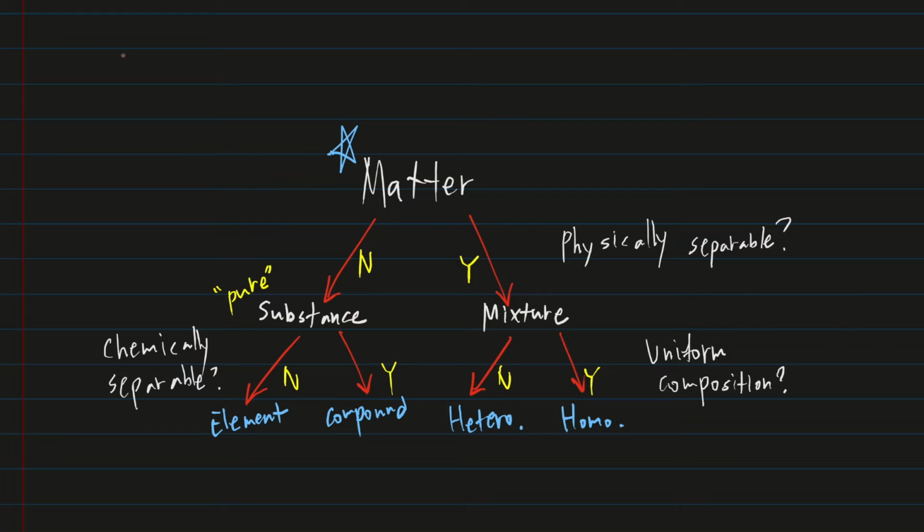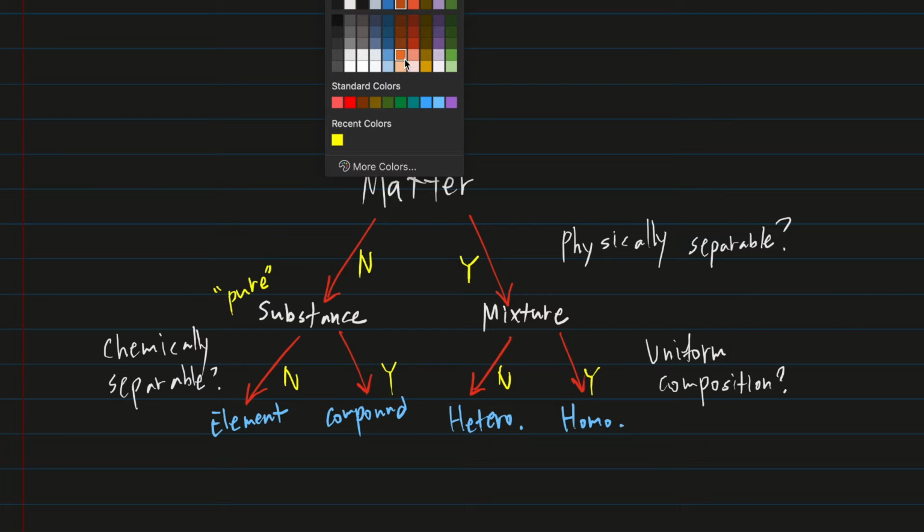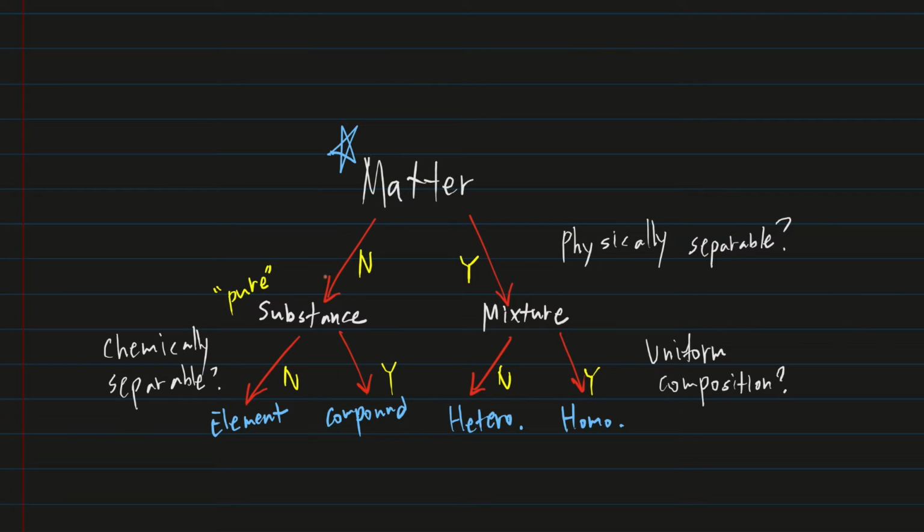When you have a closer look at what matter is, we can classify matter into two broad categories. When matter is physically separable, we call them mixtures. When they're not, we call them pure substances. And a mixture can again be separated into two smaller categories. If they have uniform composition, we call them homogeneous mixtures.